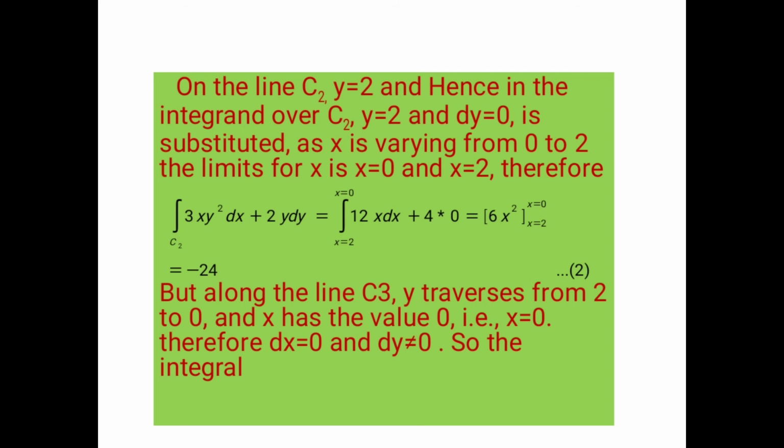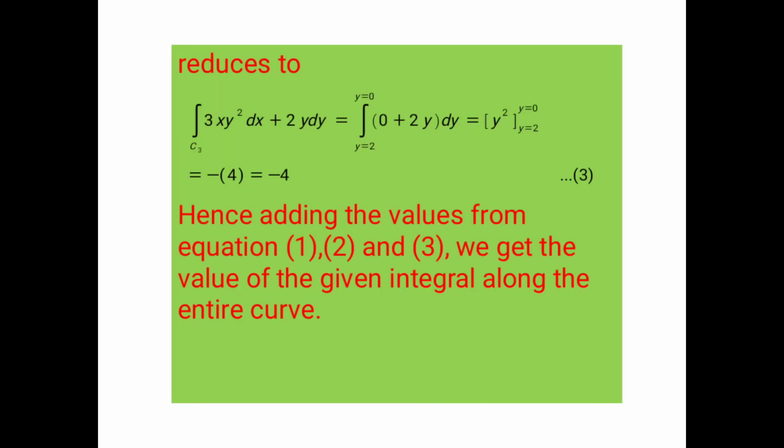If we substitute x = 0, the first term becomes 0, and in the second term we have 2y dy, which we integrate from y = 2 to 0. So the integration of 2y is y² divided by 2 into 2, so it becomes y², and y ranging from 2 to 0. For the upper limit its value is 0, for the lower limit y = 2, its value is minus 4. Now let us call this equation 3.